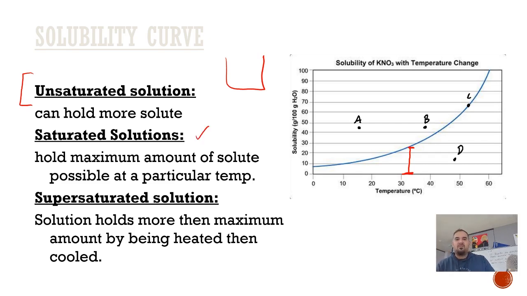Next one we have is going to be a saturated solution. So a saturated solution is anything that's on the line. So anything that's on this line, and for you guys, this is what your chart should look like. I would draw this. So anything below the line, all of this is going to be unsaturated.